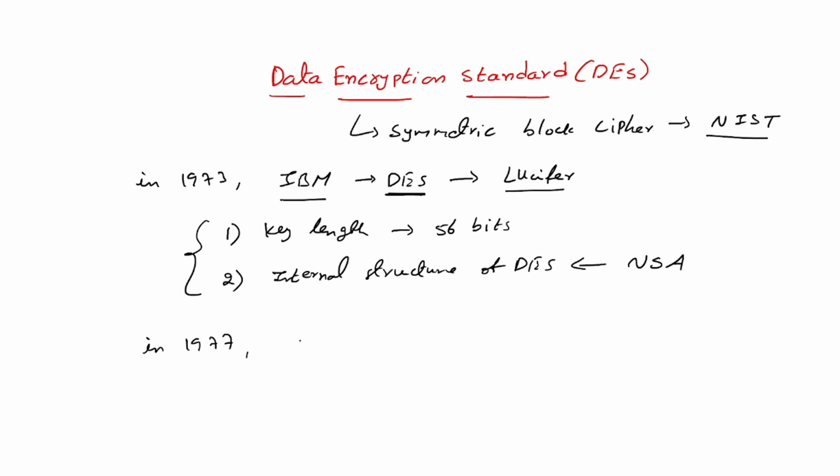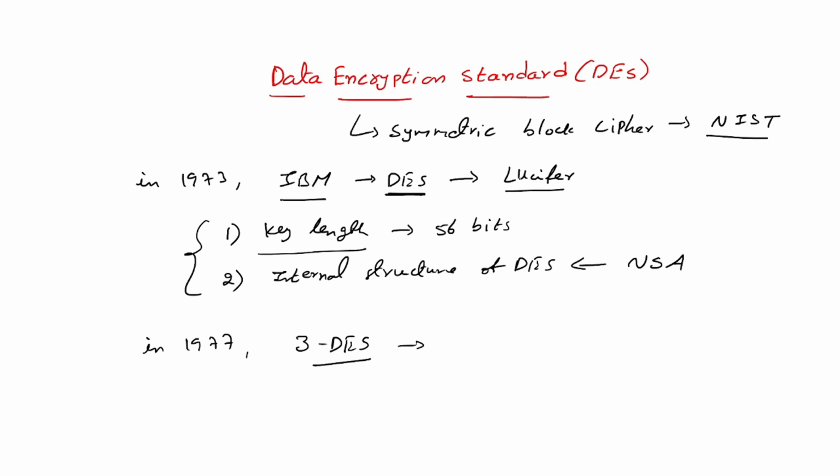After some time, they improved the security based on the key length and developed 3DES, triple DES, which contains DES three times. So there are 3 ciphers in 3DES and the key length is increased. Okay, this is the history of DES.